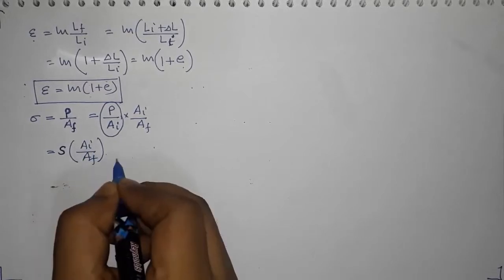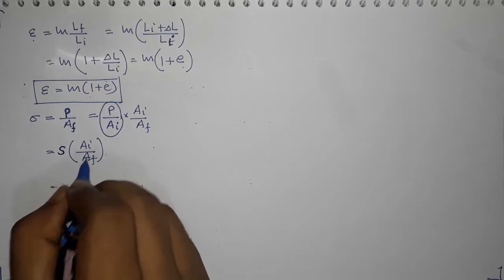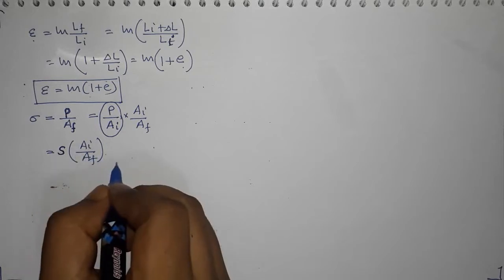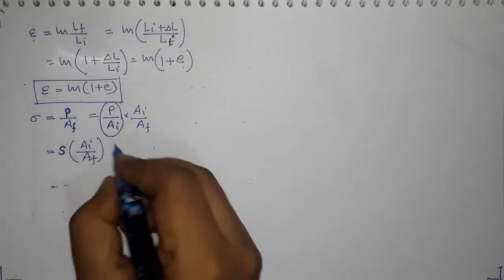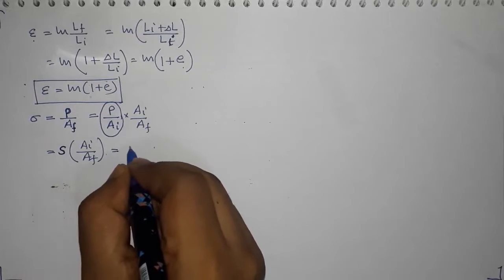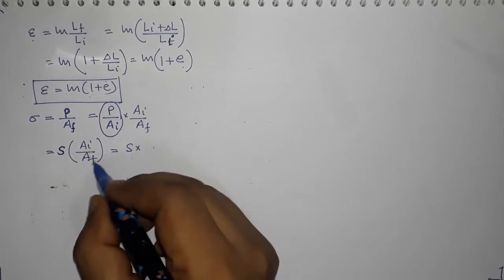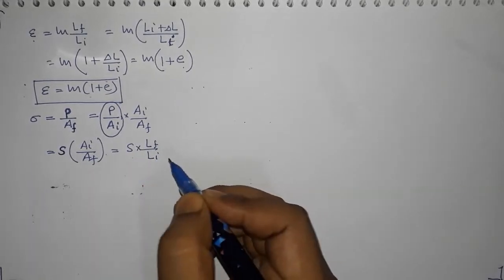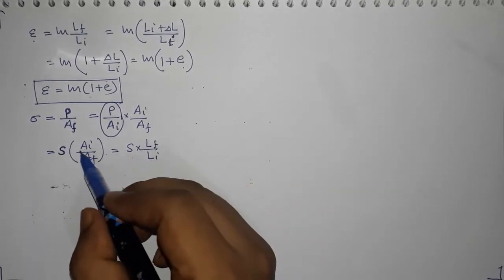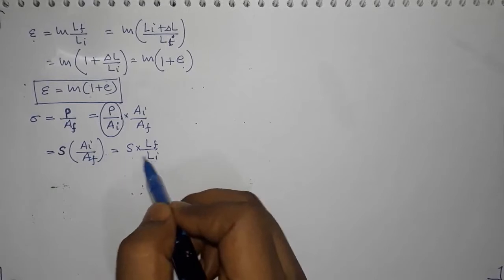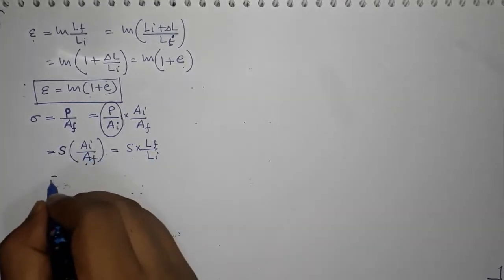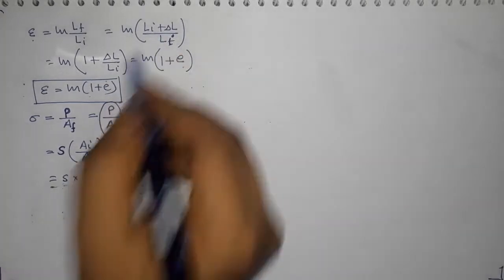Okay, and now we will be taking the assumption of constant volume. So AI by AF can be broken into S into LF by LI. If we assume constant volume, area initial into length initial is equal to area final into length final, so we change that to that, and then again we can break it like that.